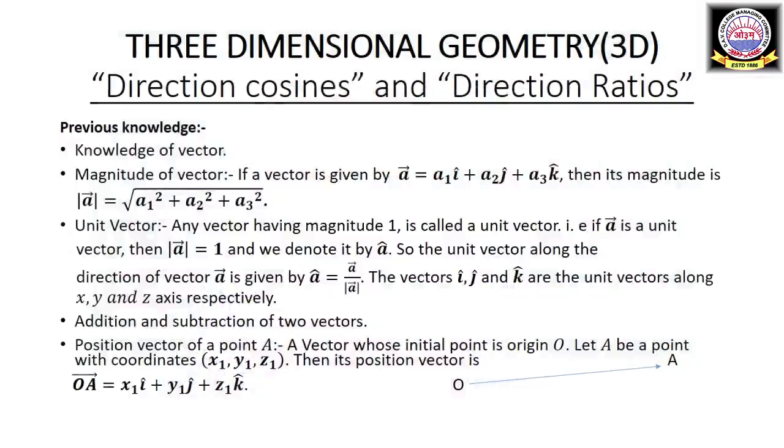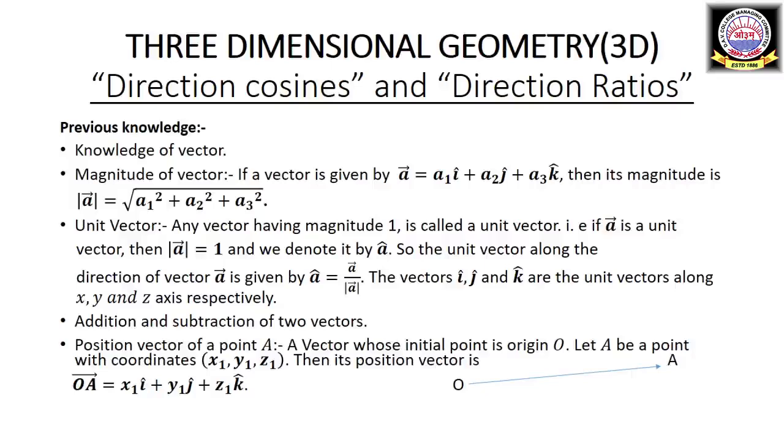Simultaneously we know what is called the unit vector. A unit vector is a vector having magnitude 1. Suppose n cap, n is a vector, n cap is denoted as a unit vector. So let n vector be equal to a vector, then if mod a is equal to 1, we will say that vector is a unit vector.